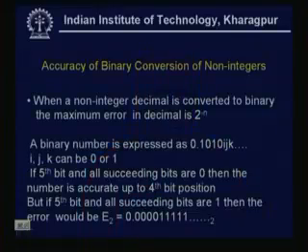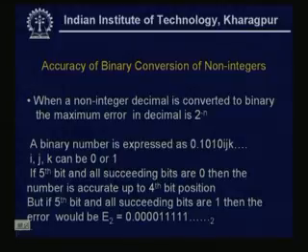Say n can be 4, that means after the decimal point I can take 4 digits, or 5 digits, or say 9 digits, but still it does not stop, that means the fraction part does not become 0, but we stop. This is called truncation to n digits.